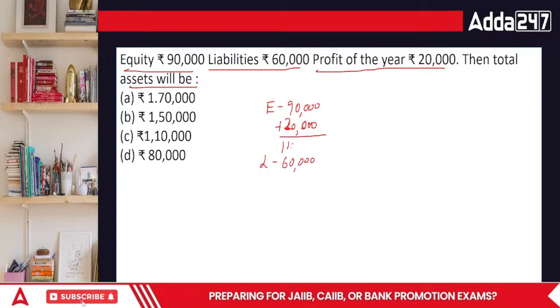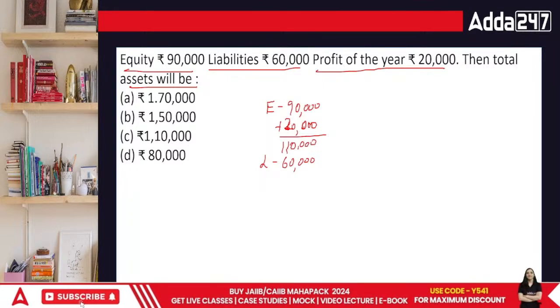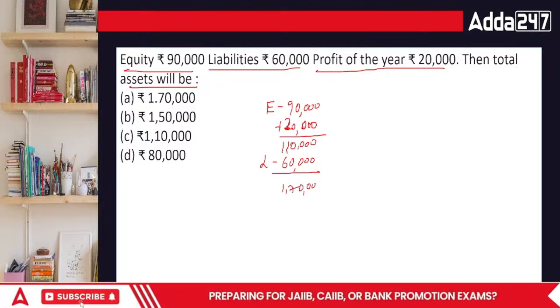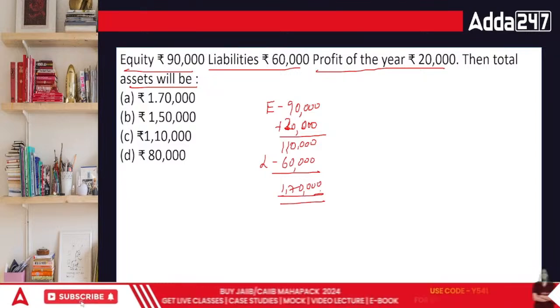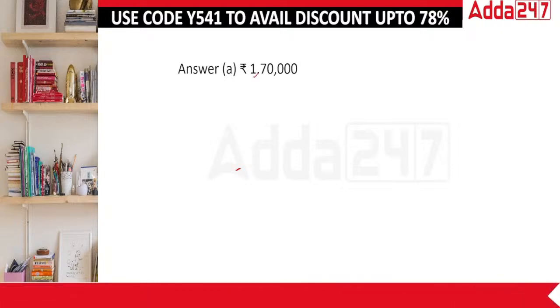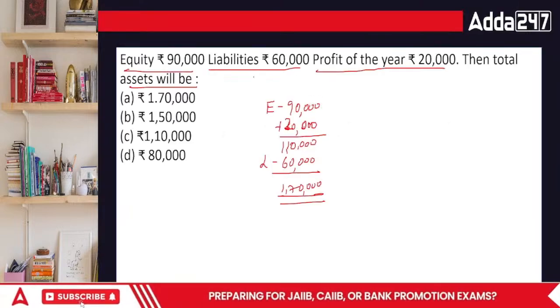This makes 1,10,000 and liabilities are of 60. So technically the entire amount total becomes 170. This is my total money which is invested.